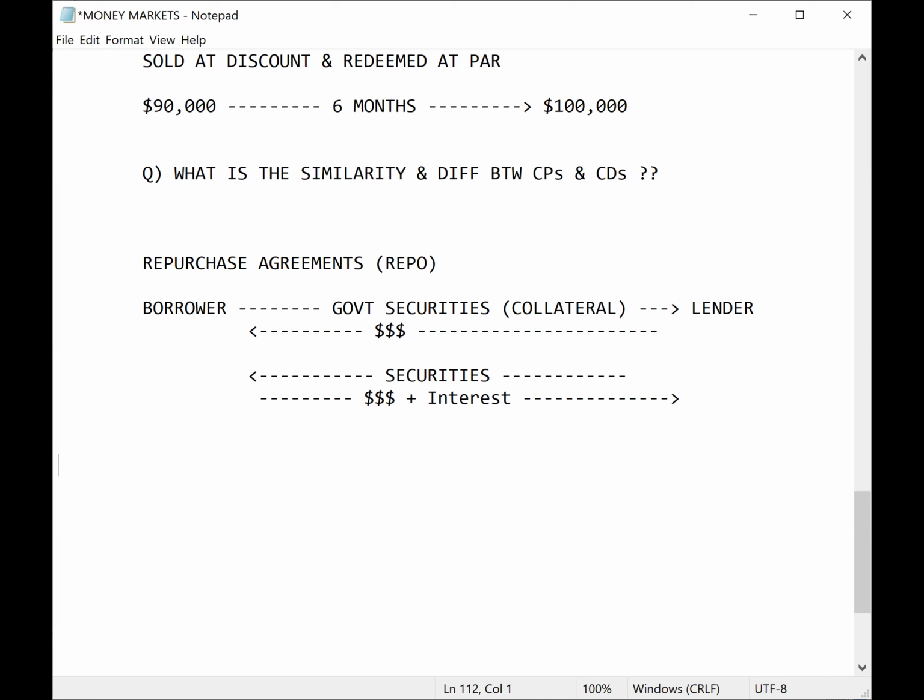Sir, here collateral is given. Yes, that is very good. Earlier, what was happening? You were not giving any securities, right? You were not giving any government bonds or government bills, right? What you were doing, you were just issuing a paper or document known as a certificate of deposit or commercial paper. Were you giving any valuable instrument, valuable asset? Not really, right?